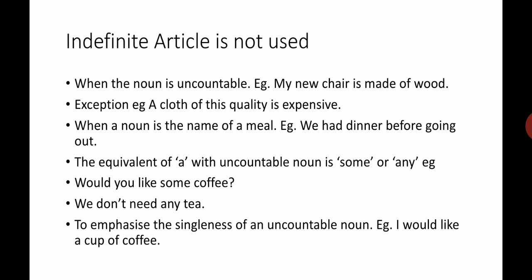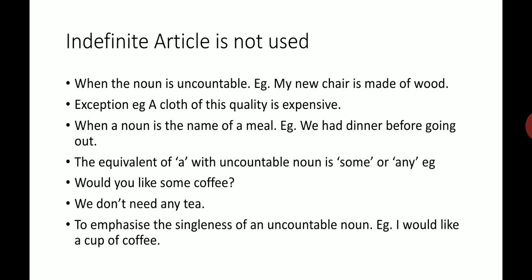But indefinite article is used before uncountable nouns when we imply a comparison between an uncountable noun and others of the same kind. A cloth of this quality is very expensive. So here a cloth is referring to the kind, the comparison here.